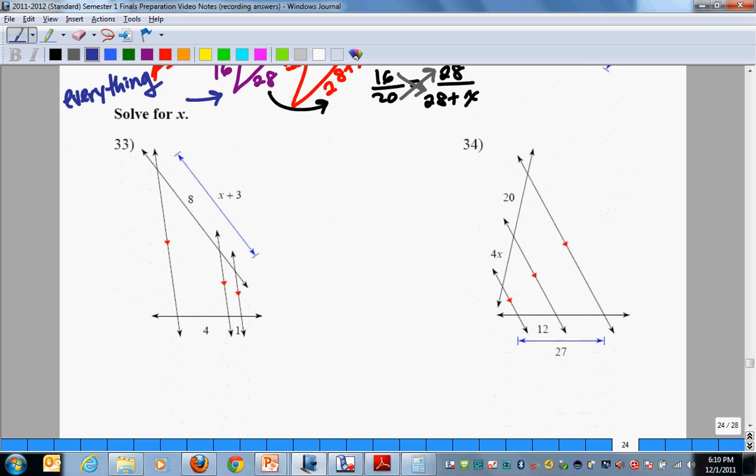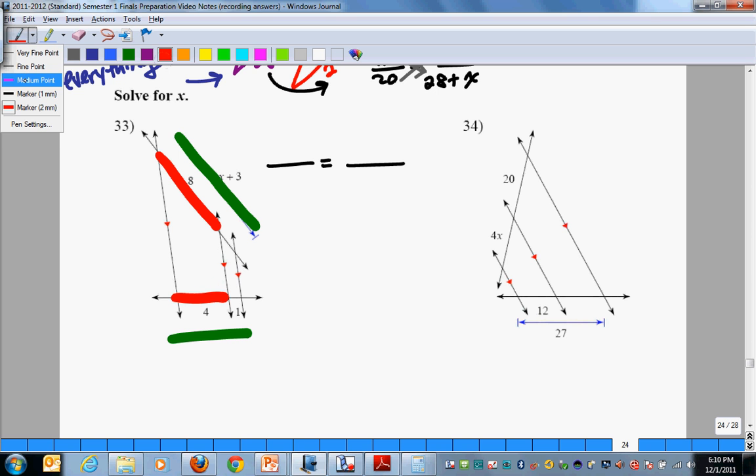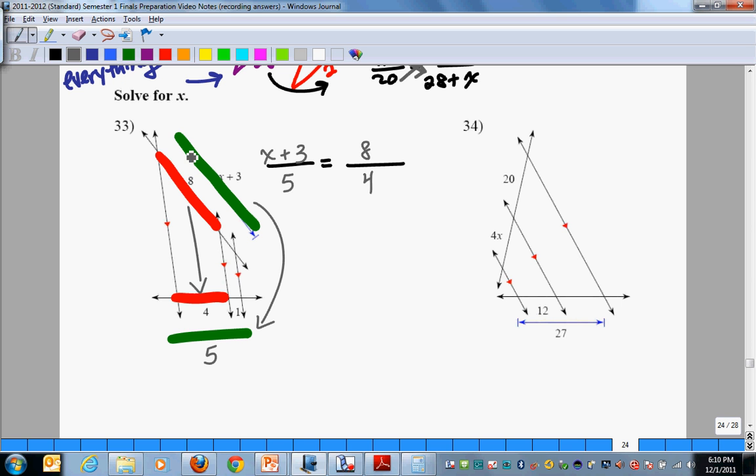Number 33, again, match and mirror. So we take a look here. What matches this whole side is this whole side, which is going to be 5. And then 8 matches with 4. So I'm going to go this way. X plus 3 over 5 equals 8 over 4.